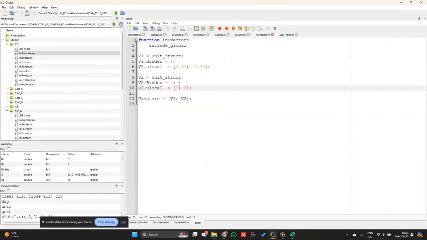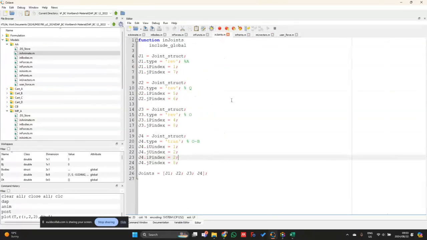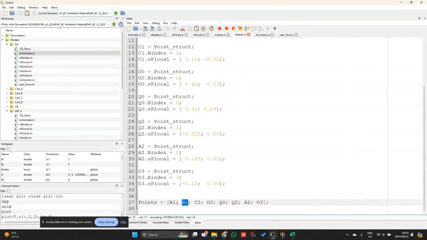And then the second point was on body 3. So if I head to the joints, I can see that the ju index is on body 3, so the jp index should also be on body 3. That's 8. So if I go over here, I have 1, 2, 3, 4, 5, 6, 7, 8, so point 8 is on body 3. So that's also fine. So just make sure that your i bodies match and that your j bodies match when you specify the translational joints.